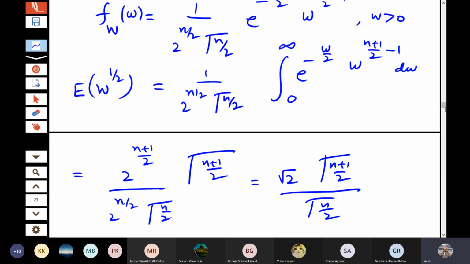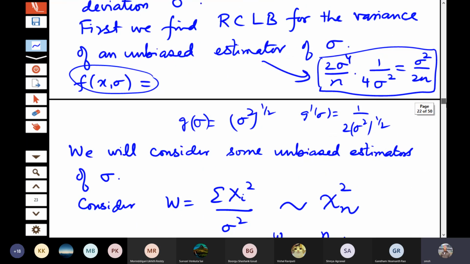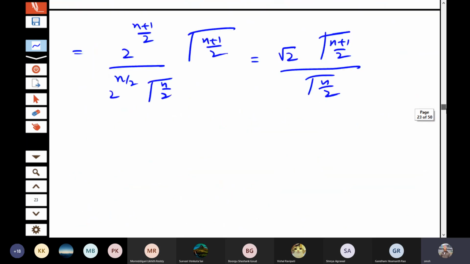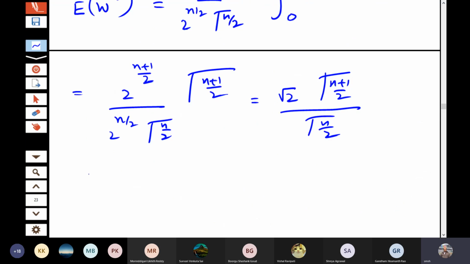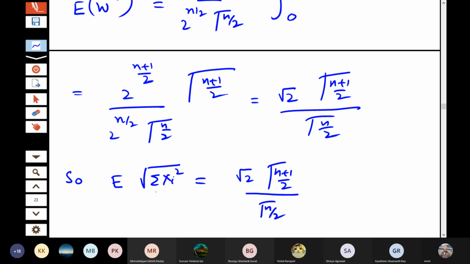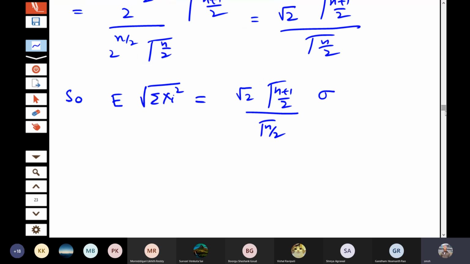And what is W? W is Σ ξᵢ² by σ². So what I get here: expectation of square root of Σ ξᵢ² is equal to root 2 gamma (n plus 1) by 2 by gamma n by 2, and this sigma I will bring to this side. So I adjust the coefficients here.